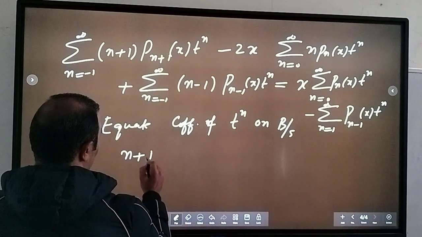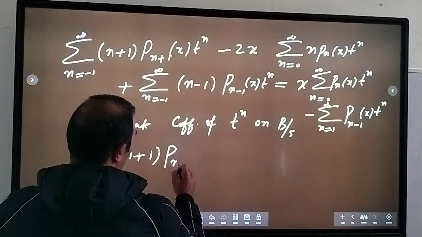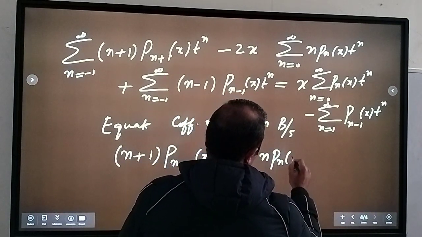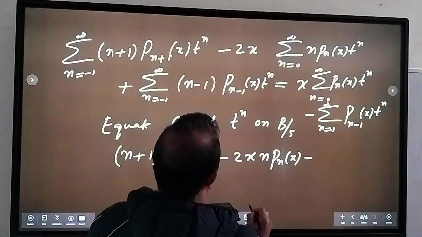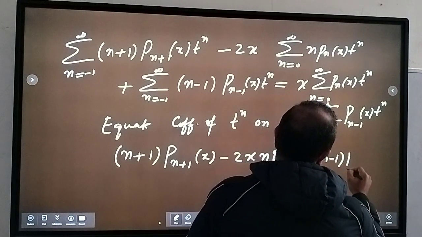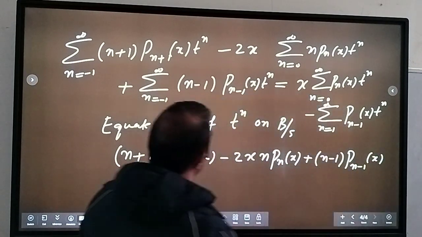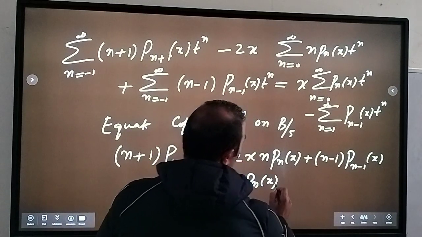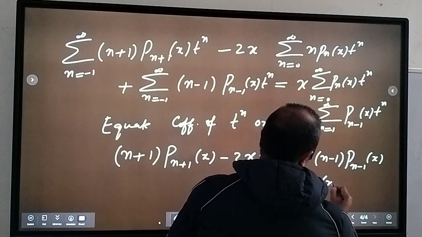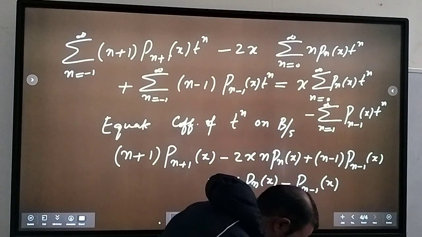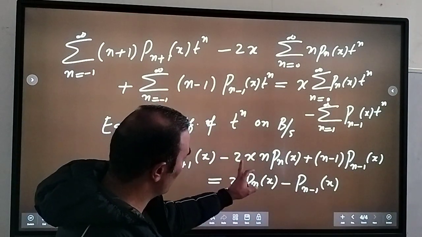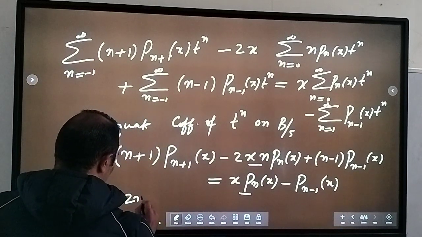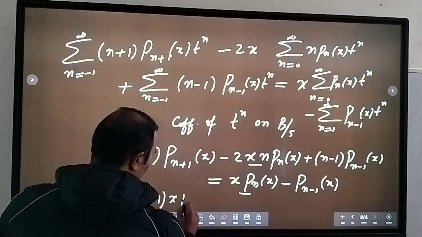So this will be equal to (n plus 1) P of n plus 1, and the right hand side will be equal to x. Or you can write this as, now you can take this 2x P_n on the right hand side and combine this and this term. So this becomes (2n plus 1) x P_n of x.